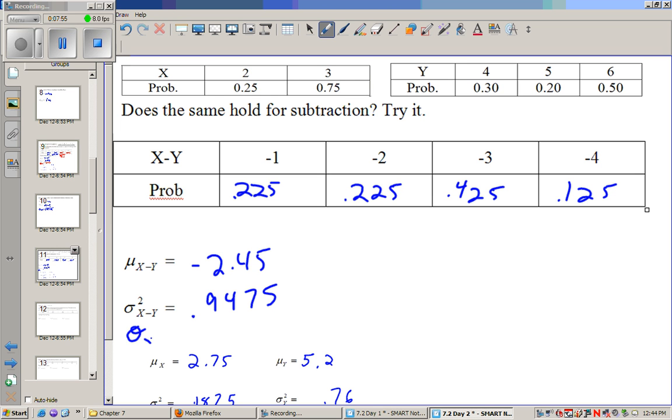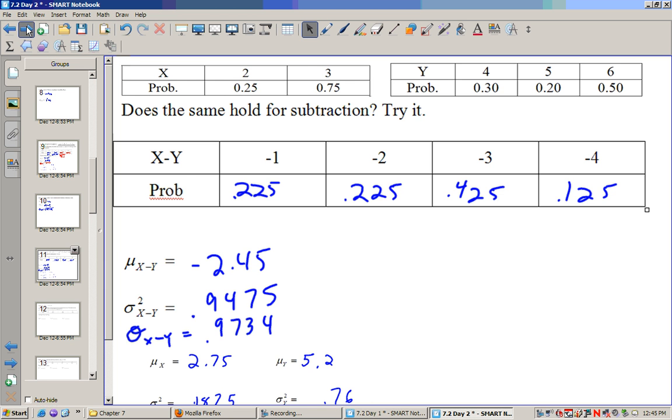And again, my standard deviation is 0.9734. Notice how these are the same values as before. So I get them by adding my two variances together. Now my mean I get by taking my x mean minus my y mean.